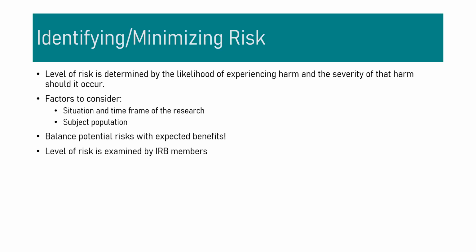And then finally, the last thing I wanted to say on this slide is that additional safeguards, such as removing participant identifiers and obtaining consent forms, may be suggested by the IRB. Or in the case of my very good friend Jimmy, they would suggest for him to completely redo part of his study.